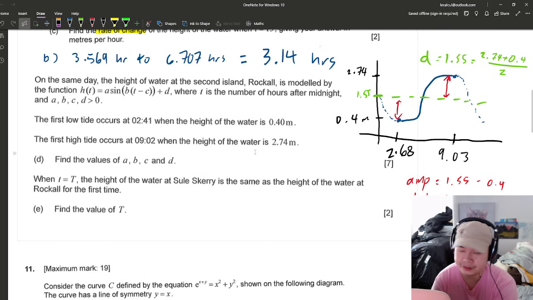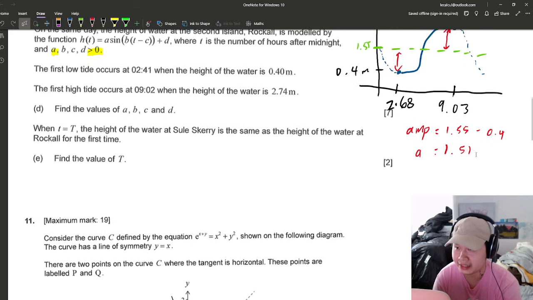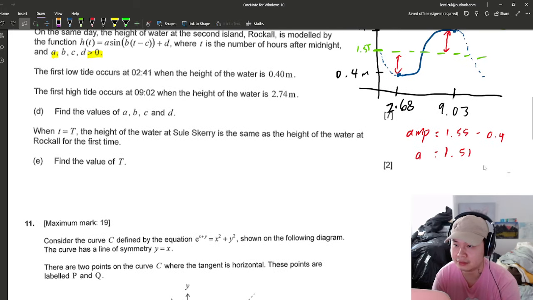And that will depend on what they want later in the question. Or actually, I just didn't read the full question. If you notice, it does say that A has to be a positive value. So never mind. This is the actual value of A. And I usually say D for midline, and A is amplitude, kind of obviously.